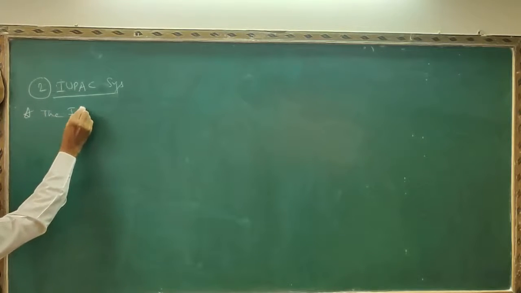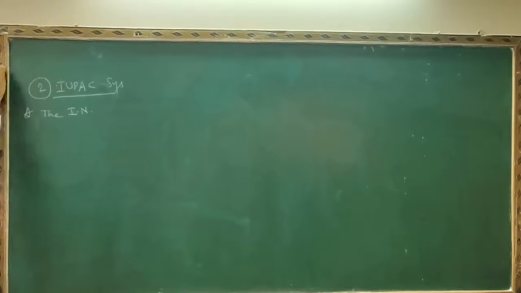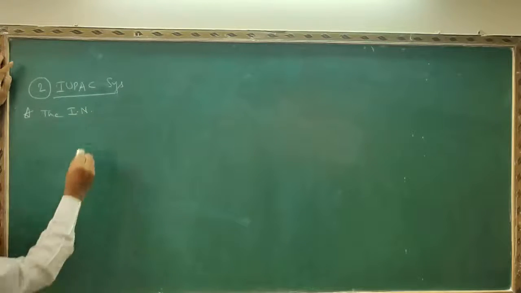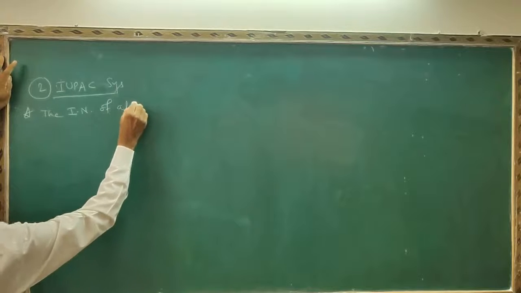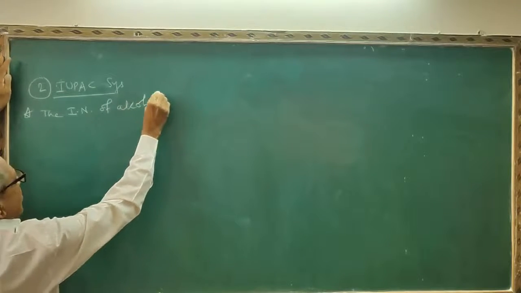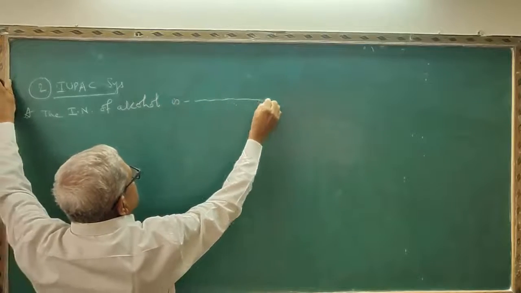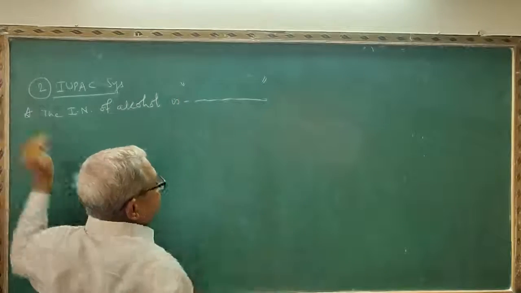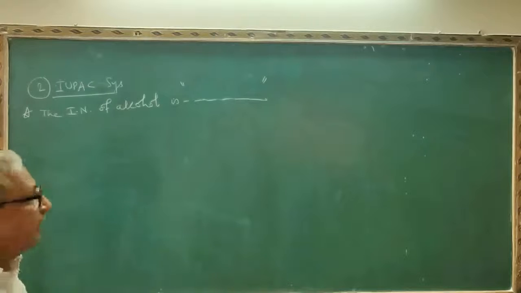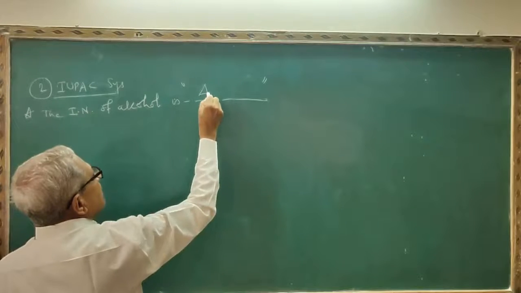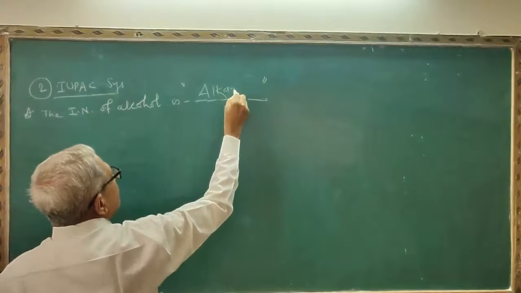The long form of IUPAC is International Union of Pure and Applied Chemistry. The IUPAC name of alcohol is dash dash. This is the first important question. The IUPAC name of alcohol is alkanol.